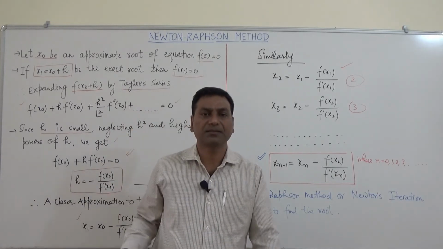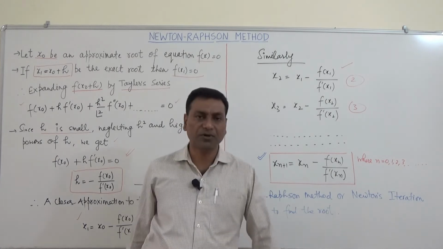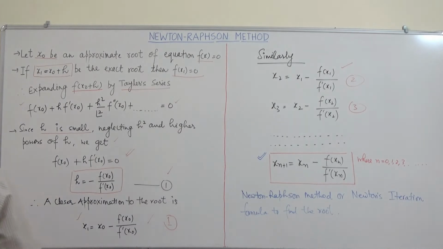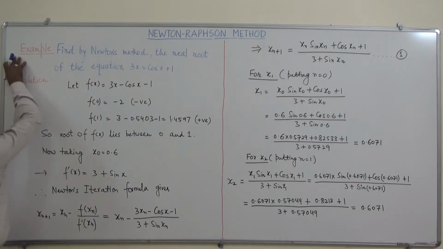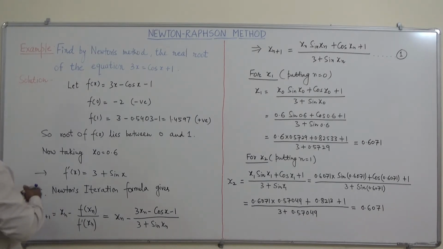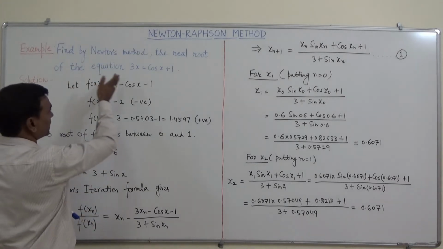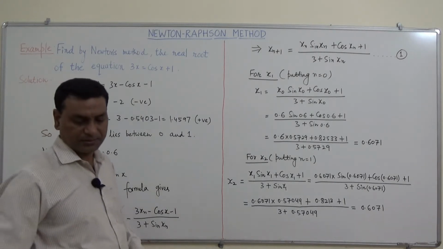Now we will see one example in which we will use this formula to find the root. In this we have to find, by Newton-Raphson method, the real root of the equation 3x equals cos x plus 1.